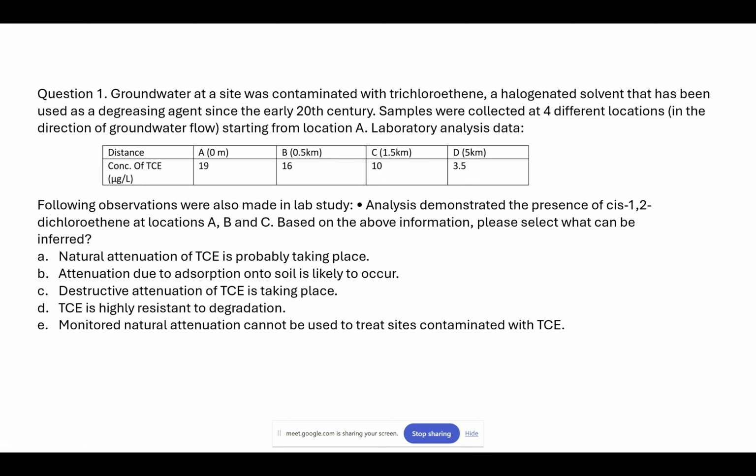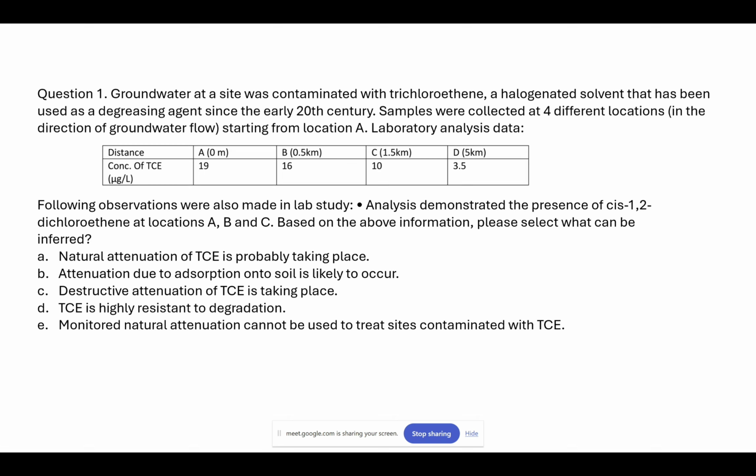So the concentration of TCE at the four locations is given, and also at A, B, and C cis-1,2-dichloroethene was found. So we have to select, based on the given data, which of the following statements is correct. The first statement is natural attenuation of TCE is probably taking place.